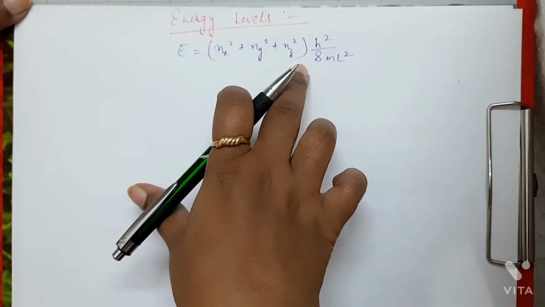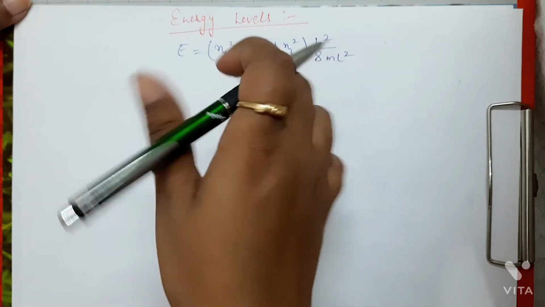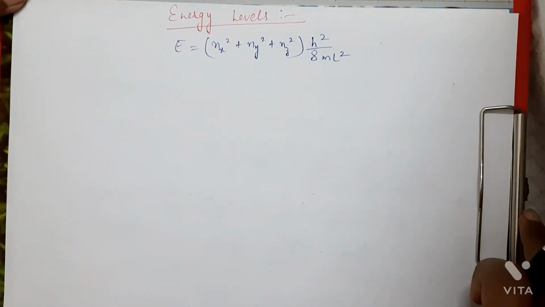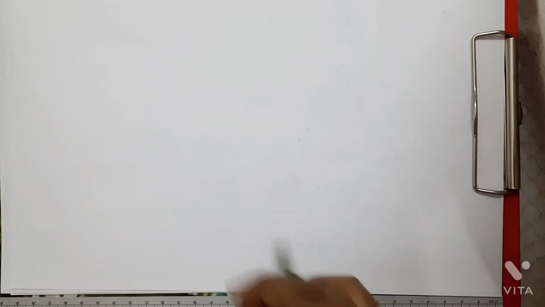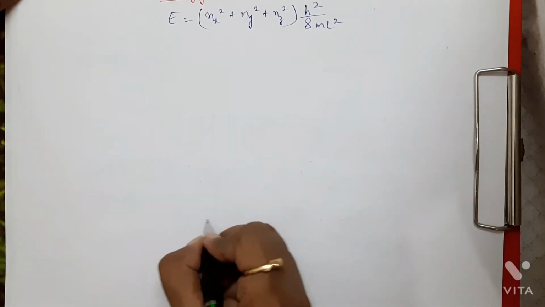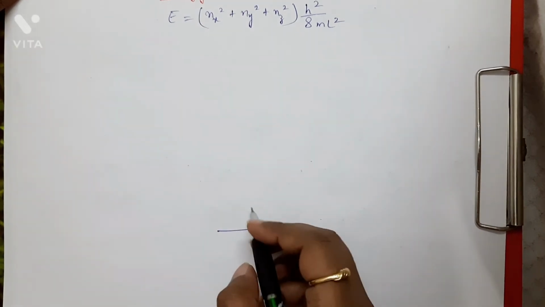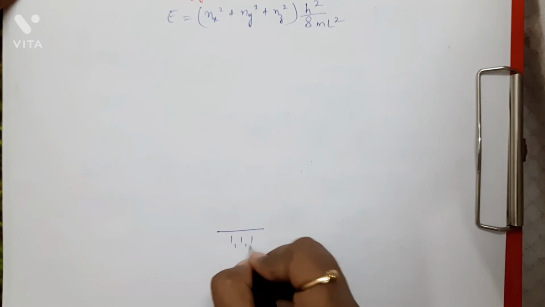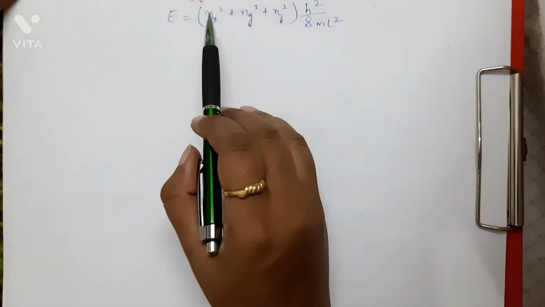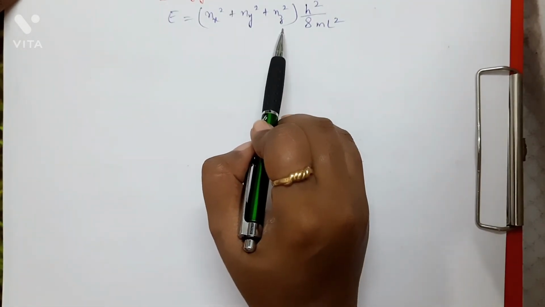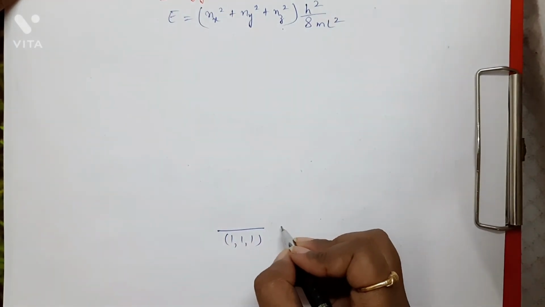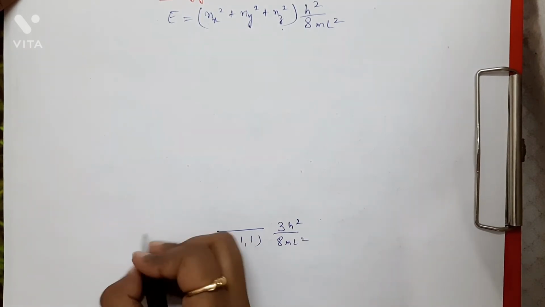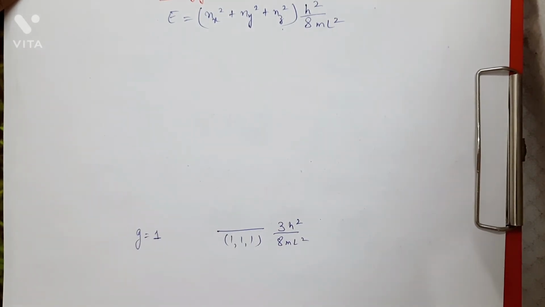These are translational quantum numbers, and we will get the corresponding values of energy, and we can also find out the degeneracy at each level. Starting out, first of all we can put the values of nx, ny and nz as 1, 1 and 1, right? If we put 1, 1 and 1, what we are going to get is 3h square by 8ml square. So degeneracy is equal to 1.